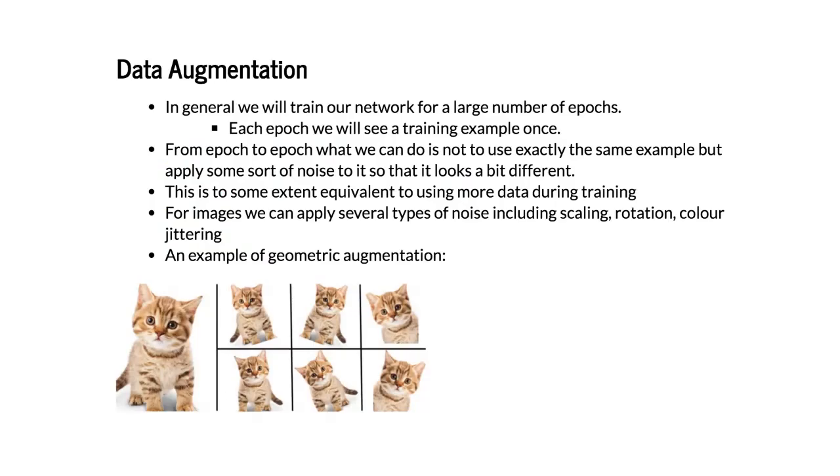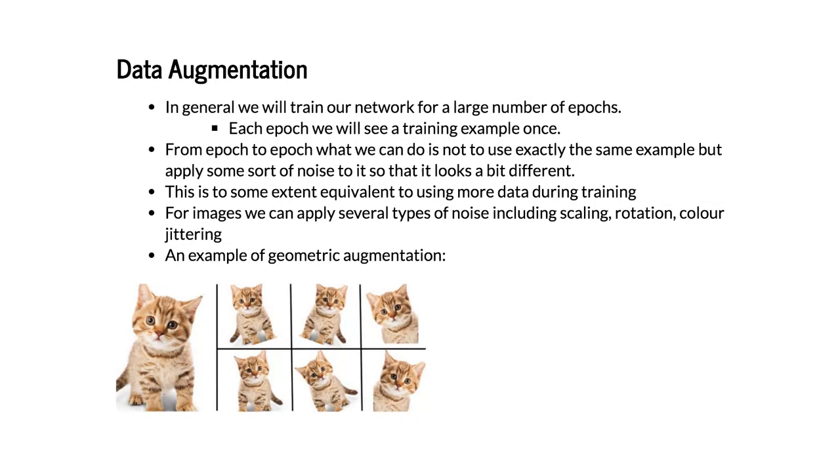Another type of regularization is data augmentation. So what's the idea behind data augmentation? If you remember, we said that we train our network for a large number of epochs, and in each epoch, we will see a training example once.